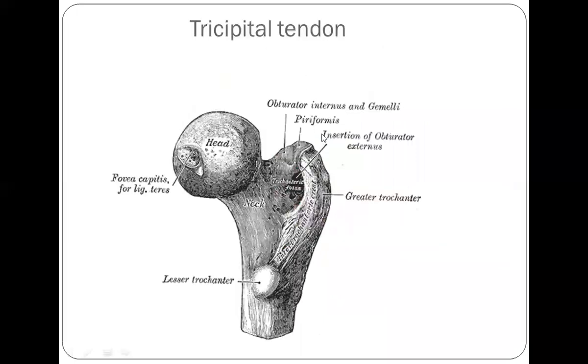Now, the insertion of obturator internus is into the medial surface of the greater trochanter. There's a common insertion for obturator internus and the gemellae. What is the nerve supply of obturator internus? This is a very easy question.